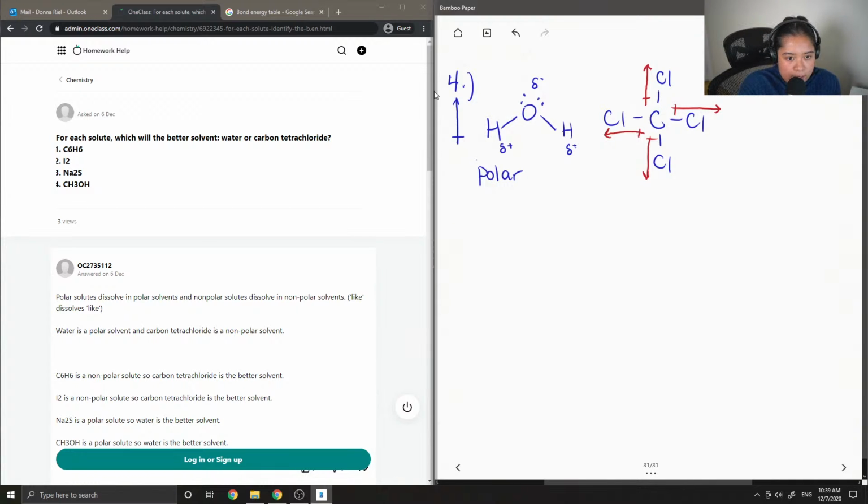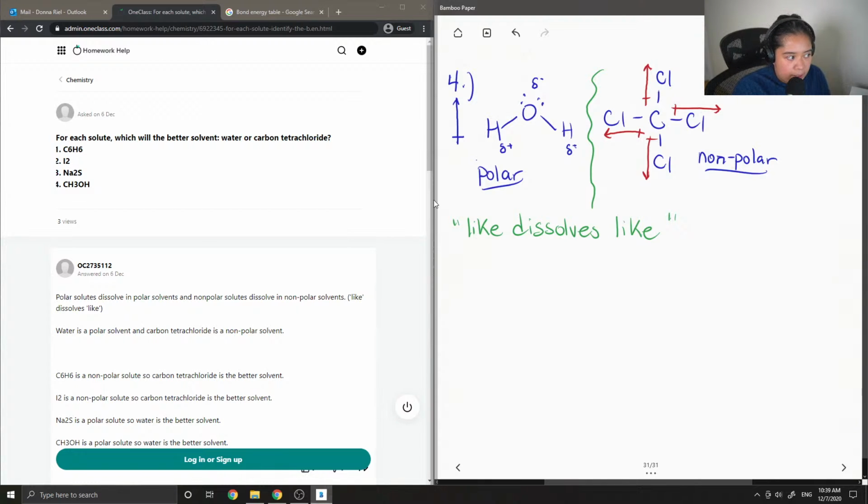So therefore we can say that carbon tetrachloride is nonpolar. Okay, so if we remember that like dissolves like, meaning that polar molecules will dissolve other polar molecules, and nonpolar molecules will dissolve other nonpolar molecules, then that can help us answer the question.